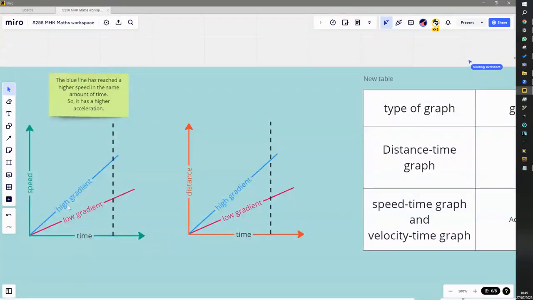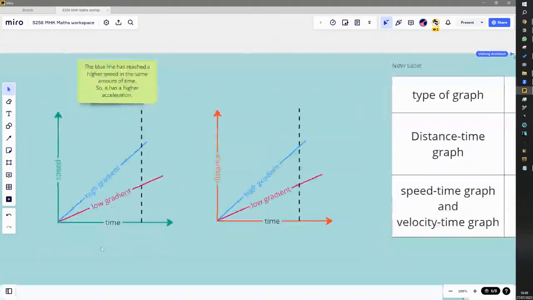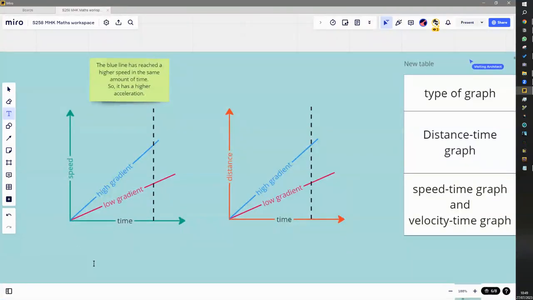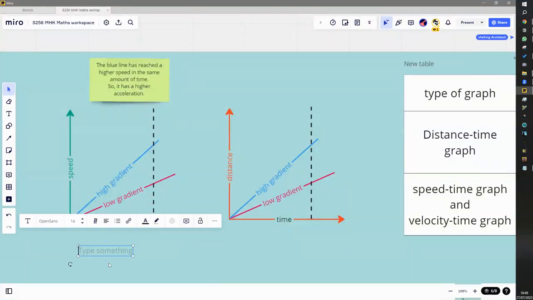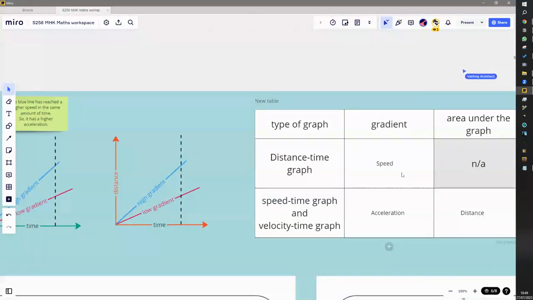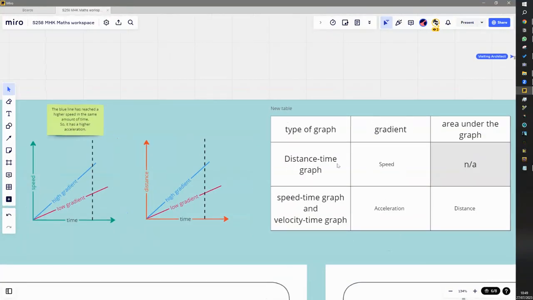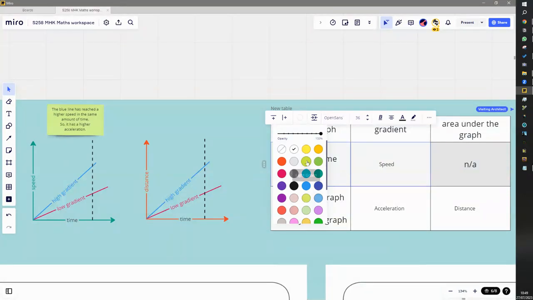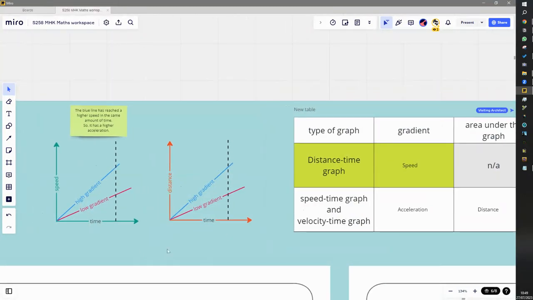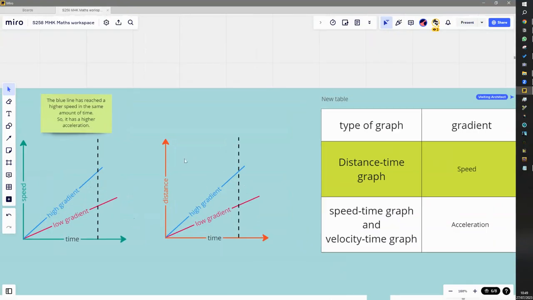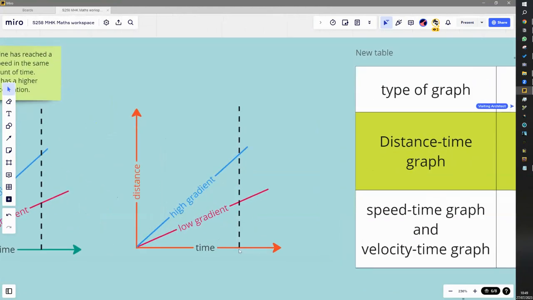So the blue line, basically the high gradient, we've written it over here, look. The gradient of a distance time graph is the speed. Okay, so let's color in those two green, because I've got the axes there in green. And then if we look at the distance time graph, we're talking about the same period of time, same point in time.